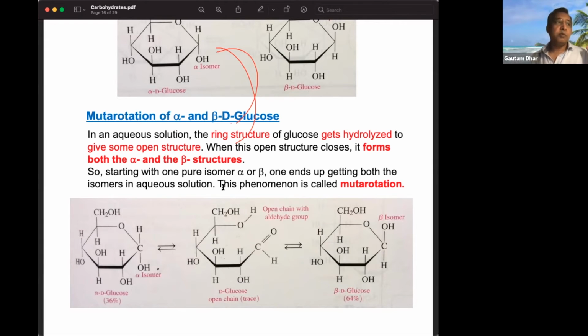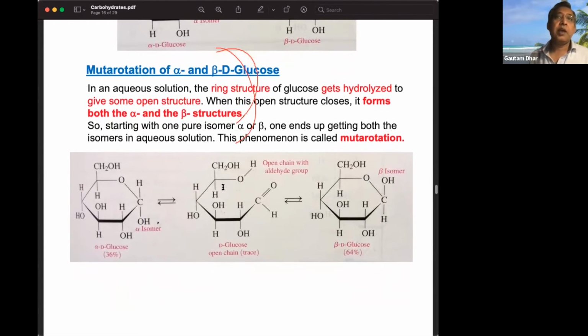So if you take plane polarized light vibrating in one direction and pass it through these compounds, it rotates the plane of polarization and it vibrates at an angle. We call this optical rotation.